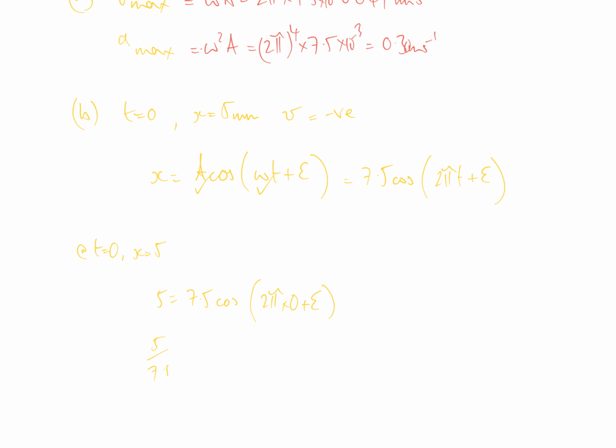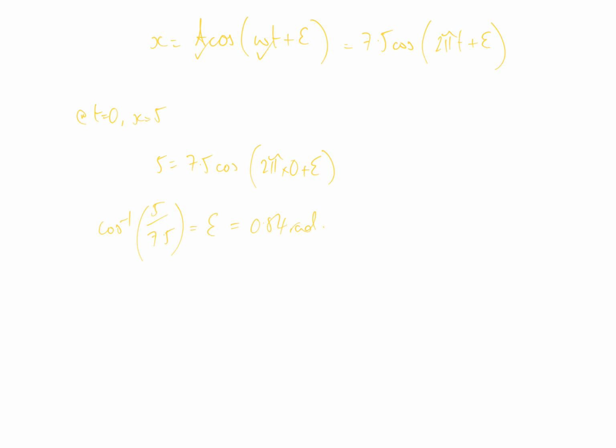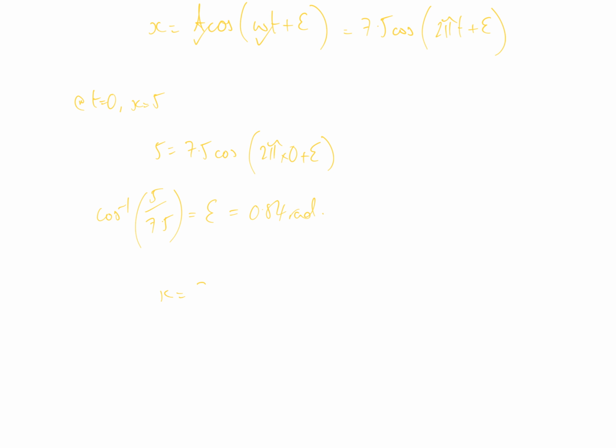So cos to the minus 1 of 5 over 7.5 gives us eta, about 0.84 radians. So our final expression is x equals 7.5 cos(2 pi t minus 0.84) radians.